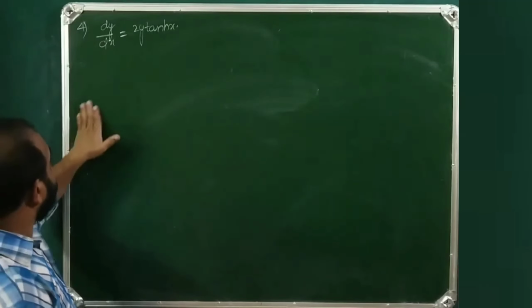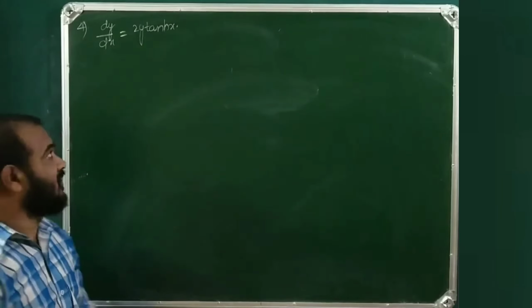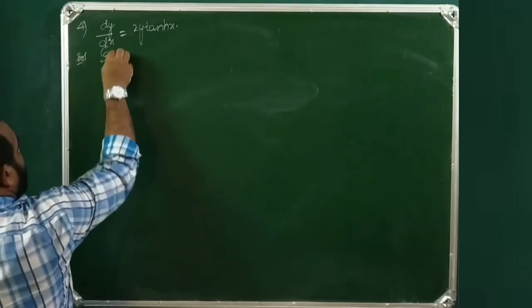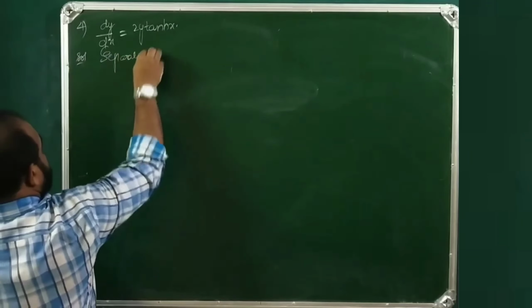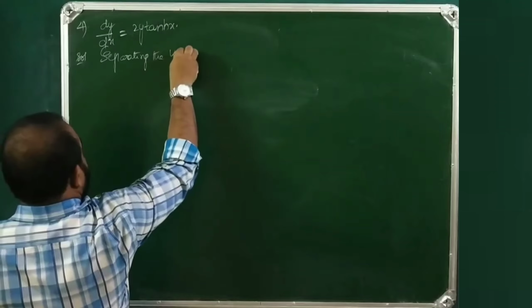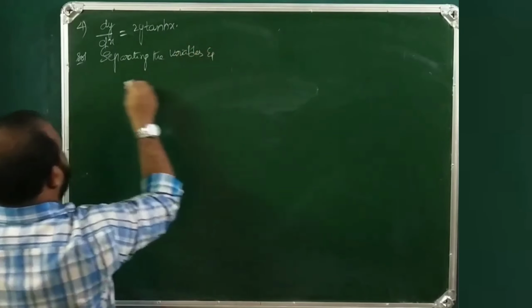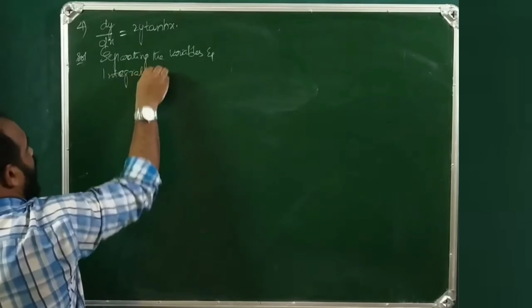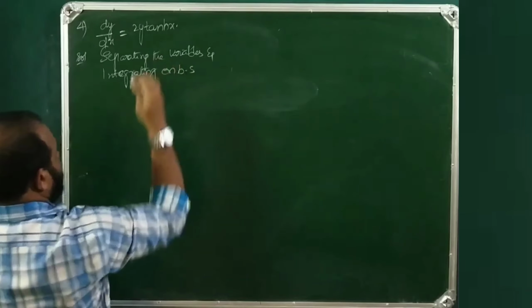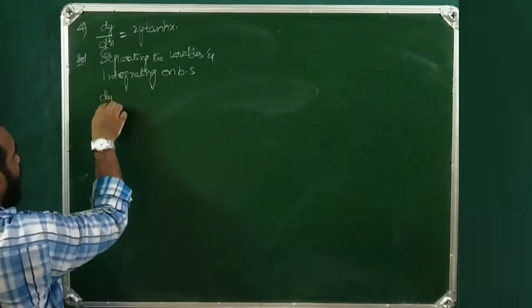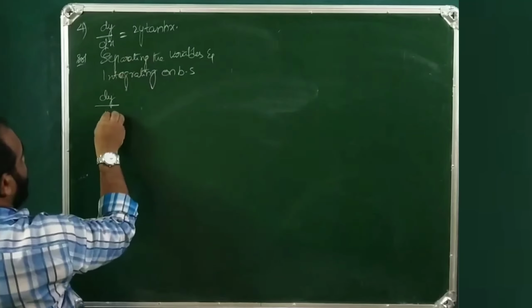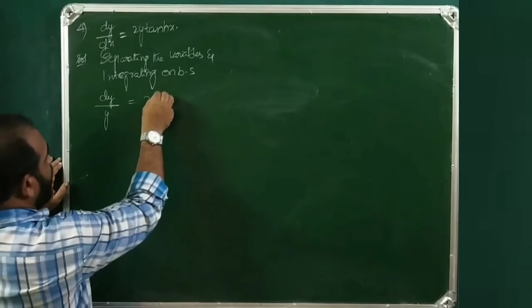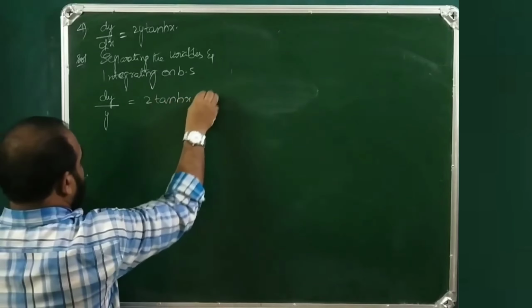The fourth question is dy by dx equals 2y tanh x. Separating the variables and integrating on both sides, dy by y is equal to 2 tanh x dx.